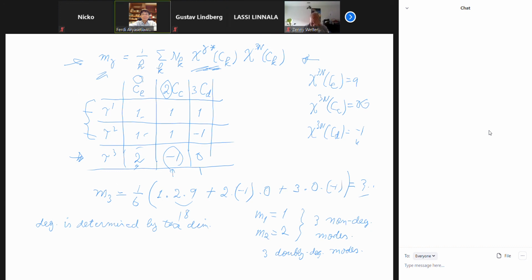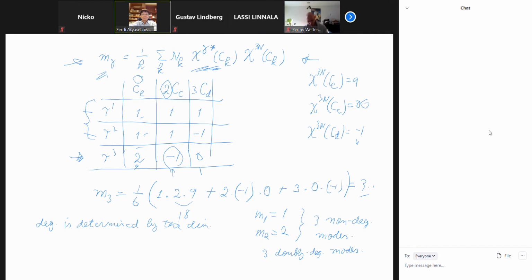Yeah. And then I have one question about this longitudinal transverse optical splitting. Is that symmetry breaking? If you know phonon dispersion, then you have this LO-TO splitting. Is that a symmetry? Well, those are just the modes of the phonons, the longitudinal and transverse modes.